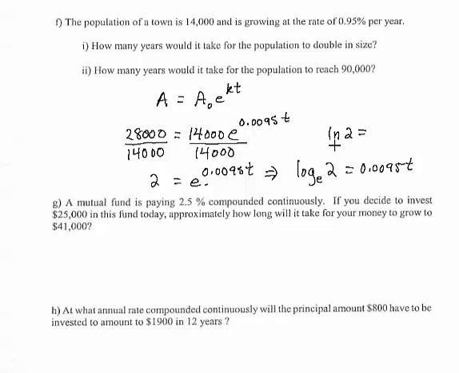So written in a more proper way, we could write ln of 2 equals 0.0095t.